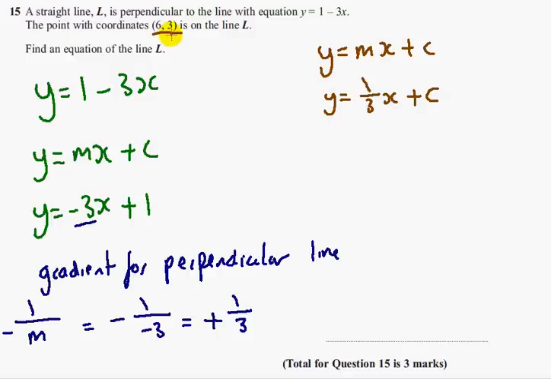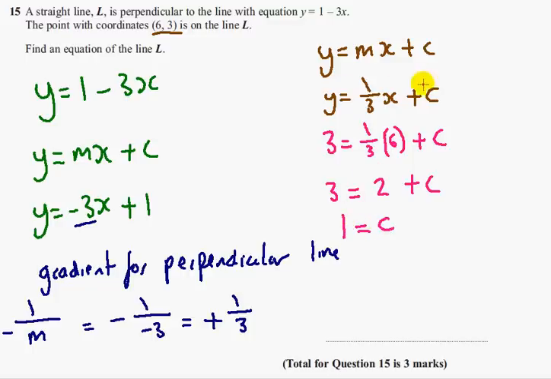So y is 3, x is 6, so 3 equals 1/3 times 6 plus c. So 1/3 times 6, or 6 divided by 3, is going to be 2. So 3 equals 2 plus c. Therefore, if you take away 2 from both sides, c equals 1.